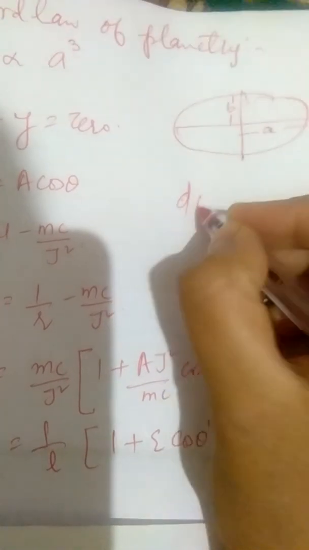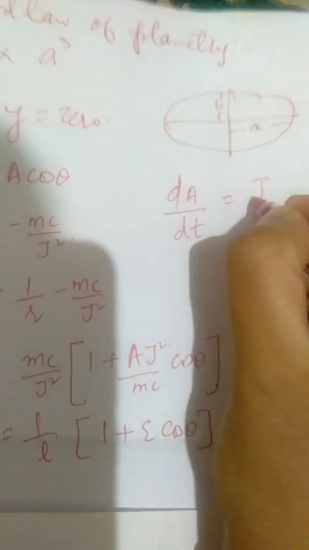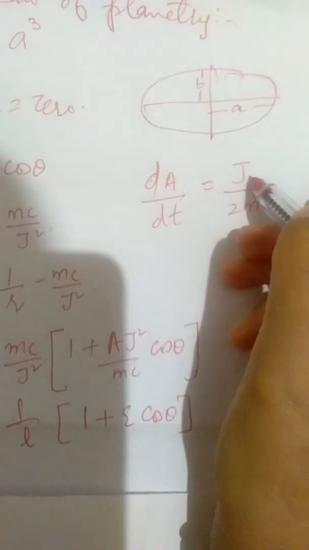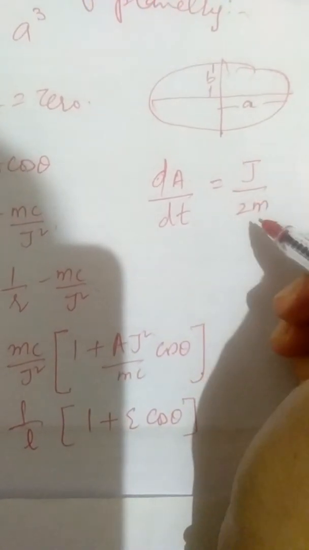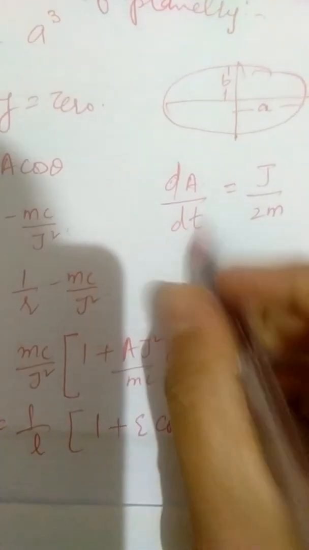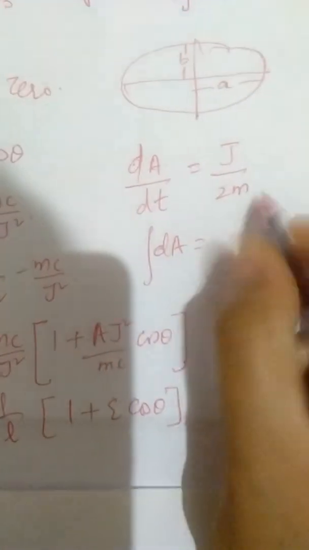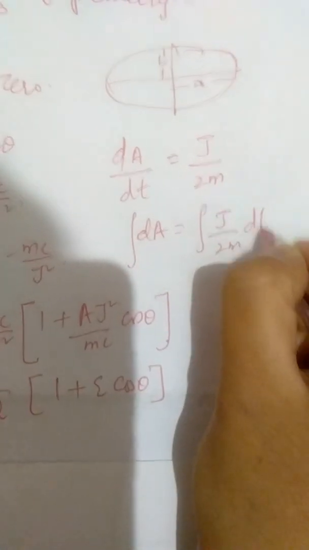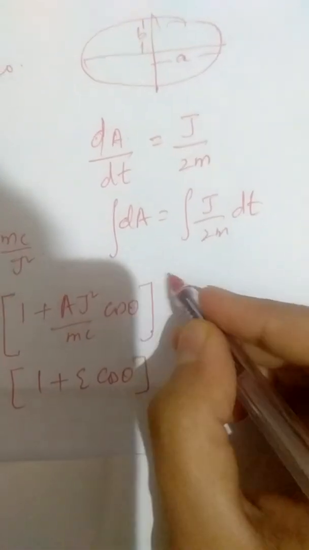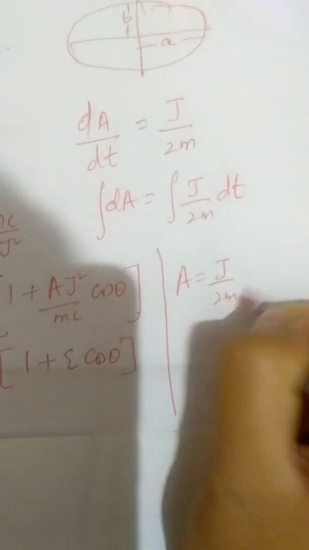We had learned in the previous video that the areal velocity dA/dt was constant, and that was J/2m, where J is the angular momentum of the planet and m is the mass. Now we can integrate it. So dA is the integral of J/2m dt, and this comes out to be A = (J/2m) t.